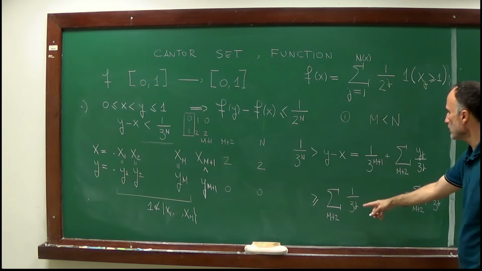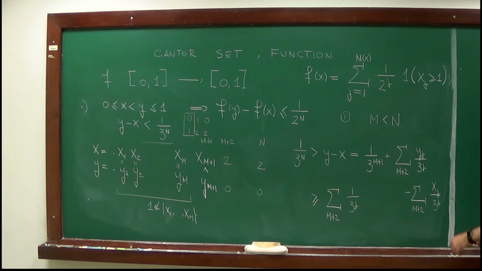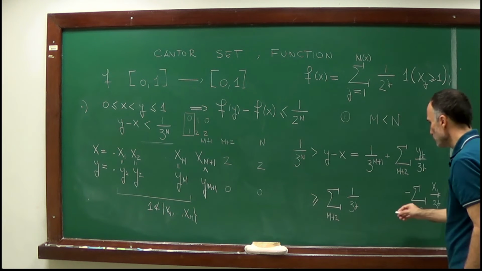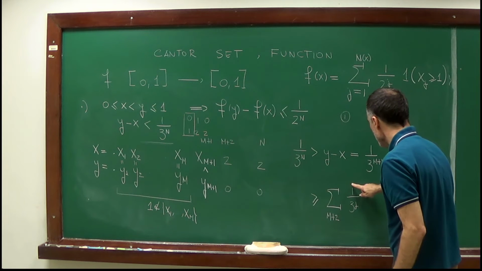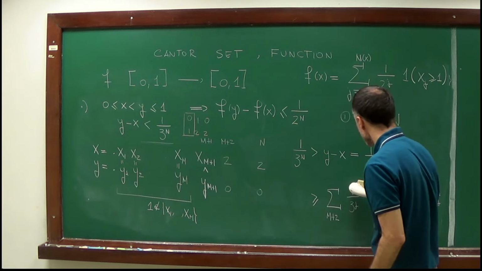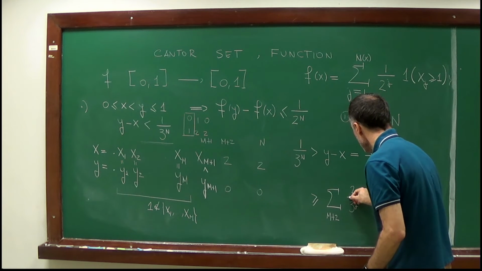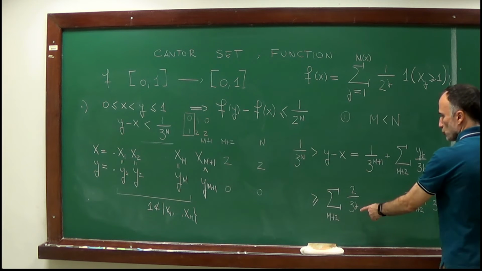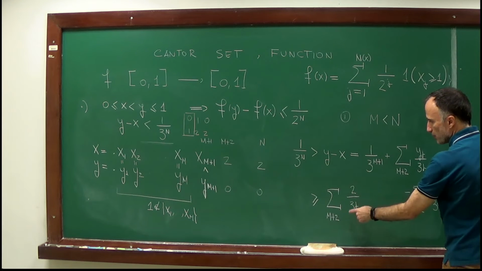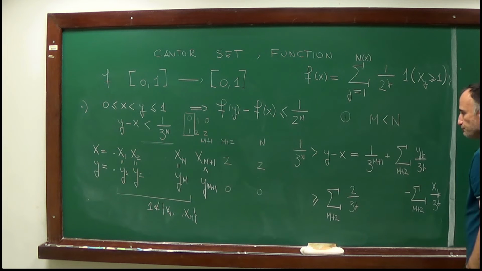So you see that this term is equal to that one, and we have here this term, which is minus, and I'm sorry, here it's not 1, but it's 2. Okay. So I leave it to you to check that this sum is equal to that one.